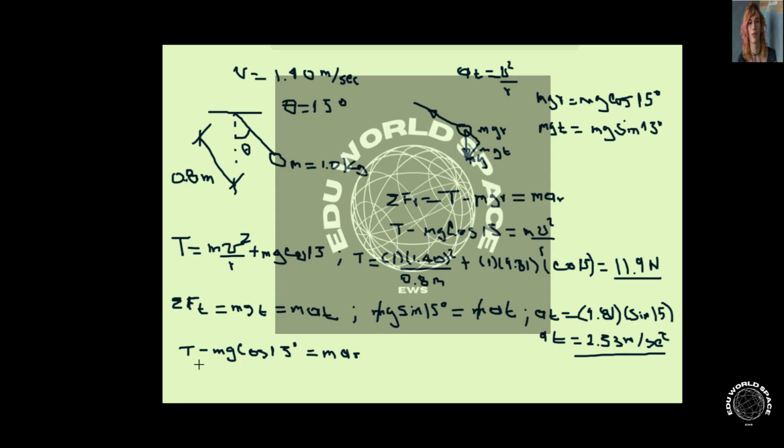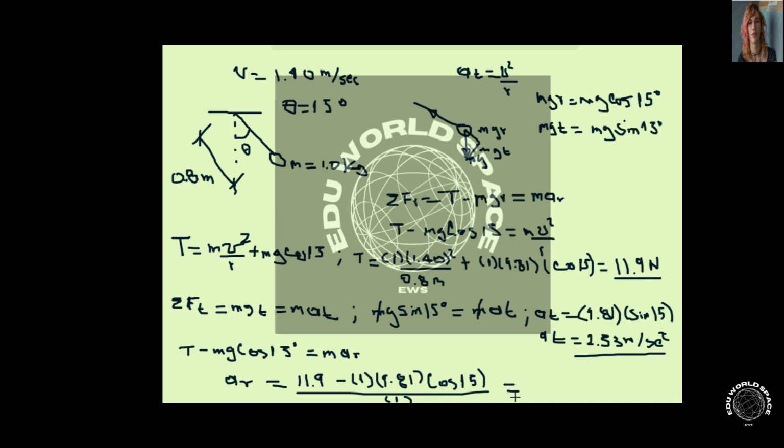So now we know the tension, so we can solve for radial acceleration, which is the tension minus 1 times gravity cosine 15, and all this divided by m, which is 1.